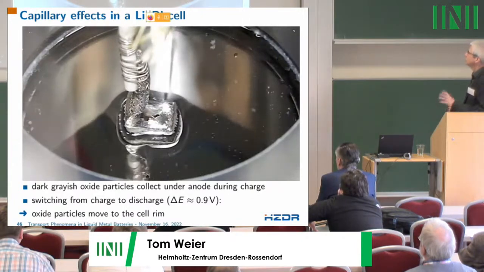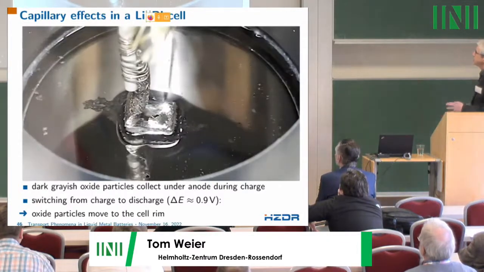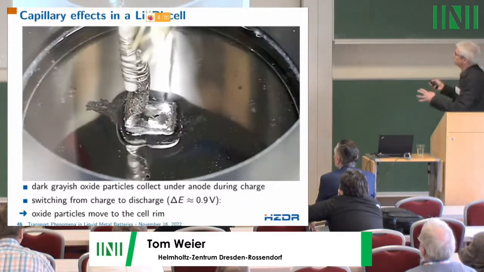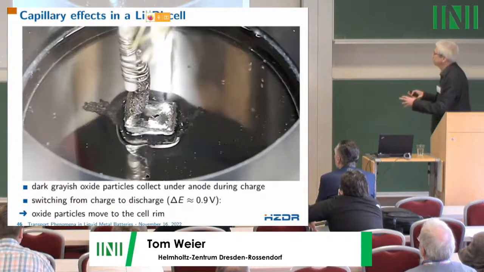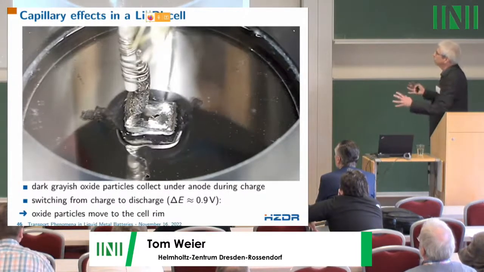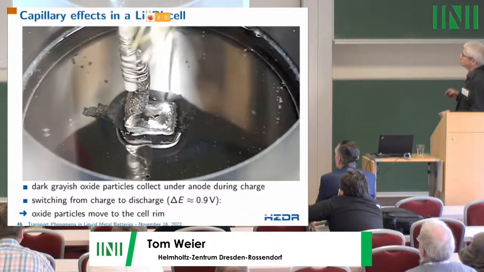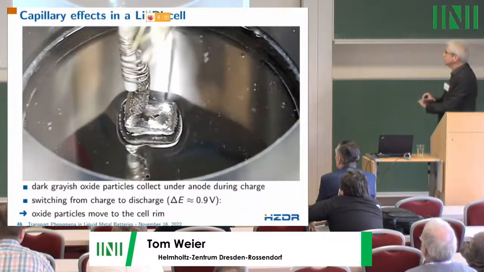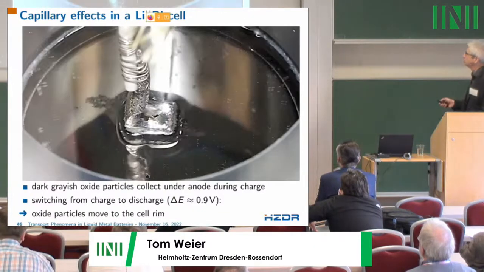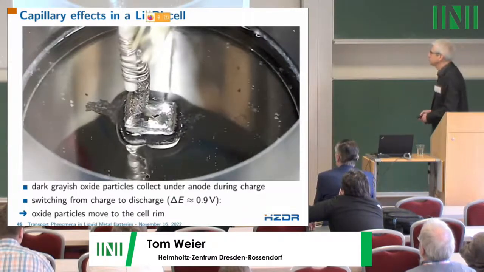And now what we did, or what Steffen Landgraf did, he switched. We are back to charge. So the cell is charging at the moment, and the oxide particles collect below the anode. And then Steffen switches from charging to discharging now, and immediately these oxide particles move from the center of the cell to the rim of the cell.